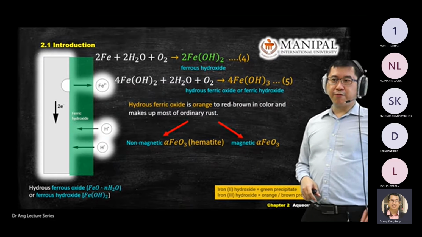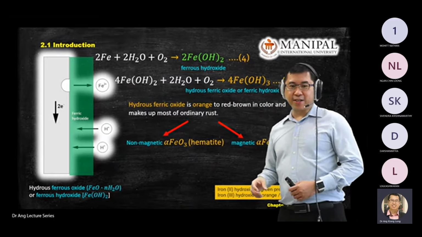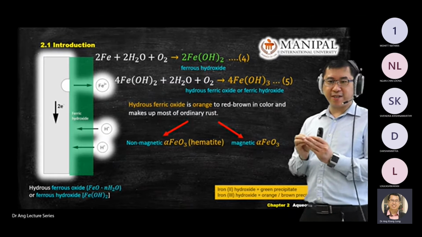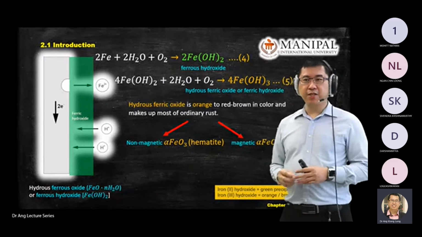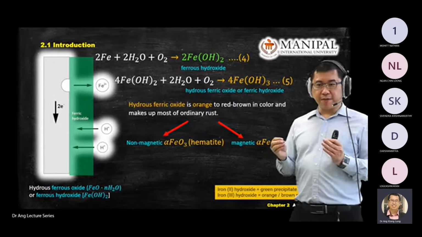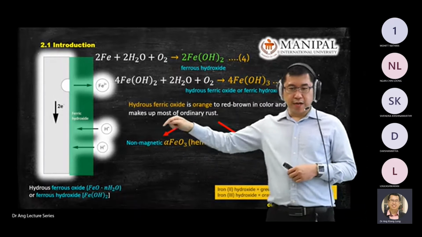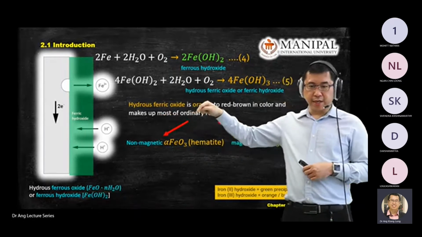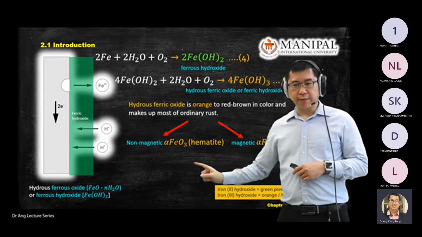Magnetic means if you put a magnet near it, it is going to pull the element near to the magnet. Non-magnetic means even if you put a magnet beside it, it will not do anything. Okay, so you have a non-magnetic component and a magnetic component. This is more on the chemical side.